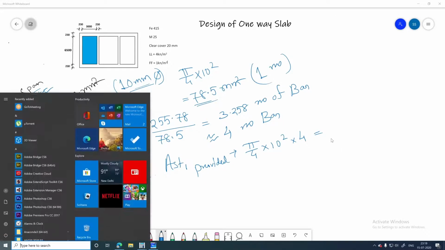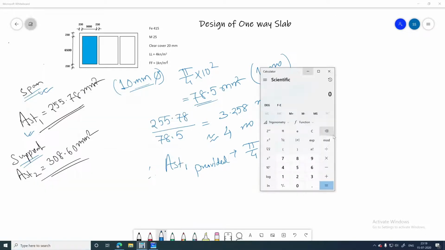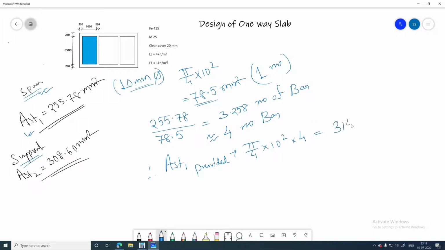For a single bar it is 78.5 into 4, so 314. So 314 mm square that we provided, right? So this is the required and the provided value, that is 314 mm square.